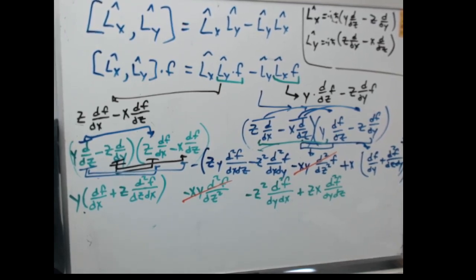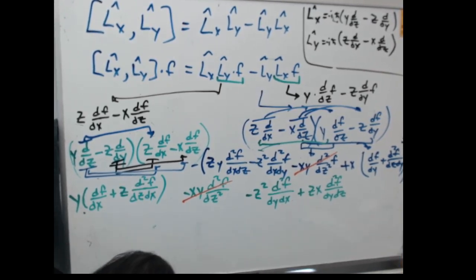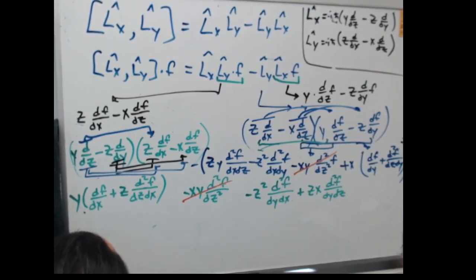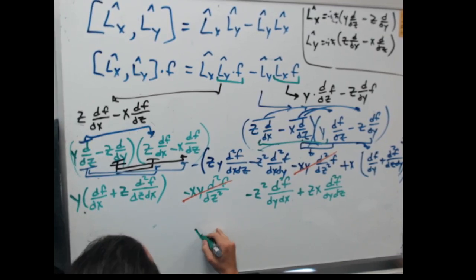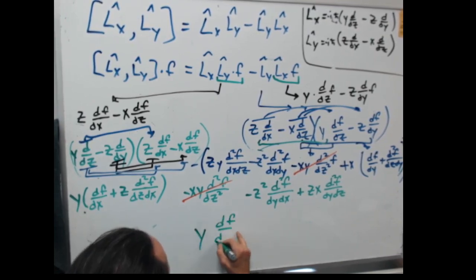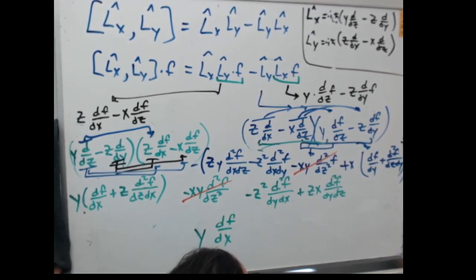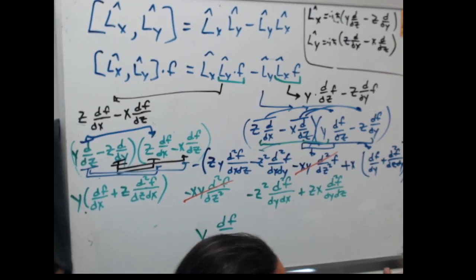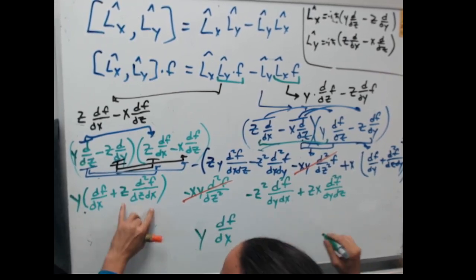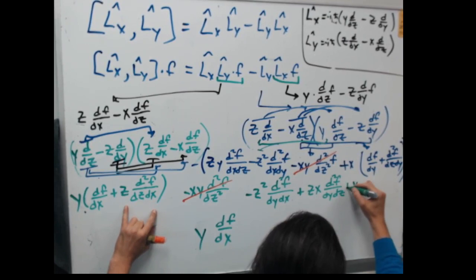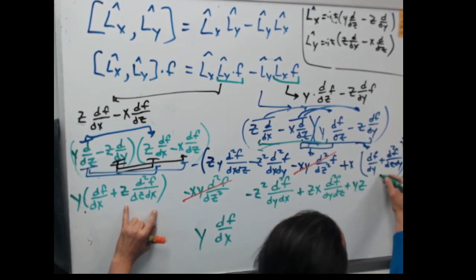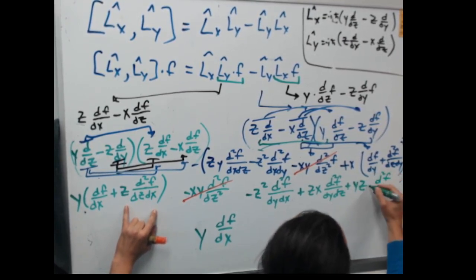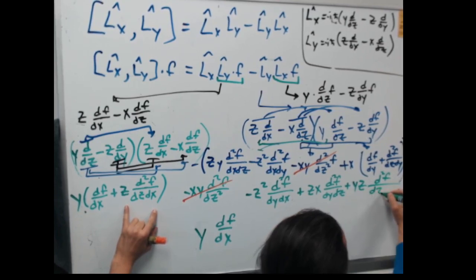I'm looking for other things that are going to cancel out, so I'm looking for a zy. I'm going to FOIL these two things to get them. So I'm going to have a y df dx, and I'm writing this big at the bottom on purpose because I know what I'm looking for, and I'm going to have a yz df dz dx.